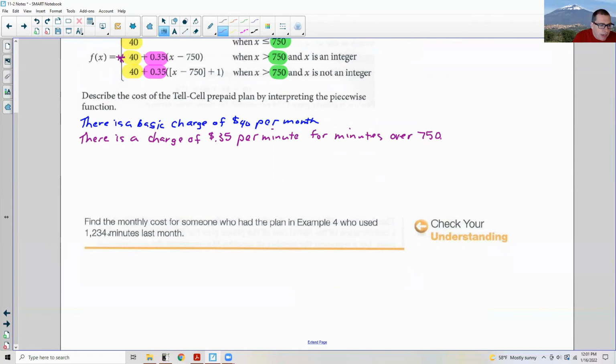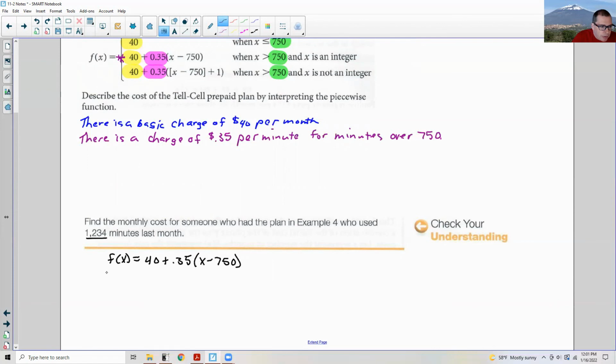It's not 0.5. Okay, it's not a half a minute. So it's 1,234 minutes. 1,234 is an integer, so I will use that middle one. So I will write, first I'll write the function as f of x, and it equals 40 plus 0.35 times x minus 750.